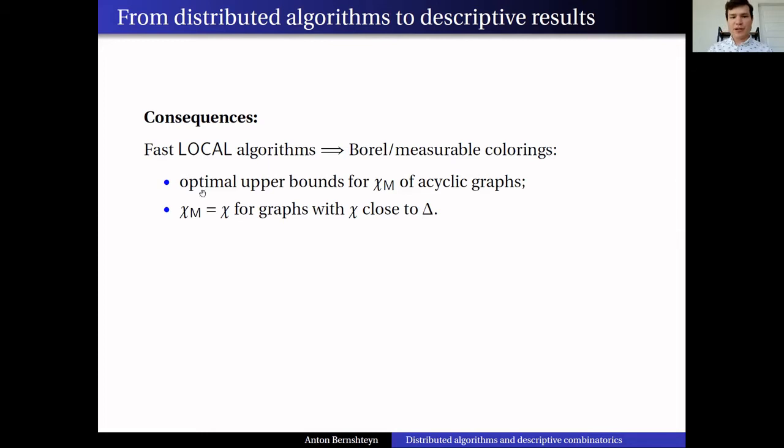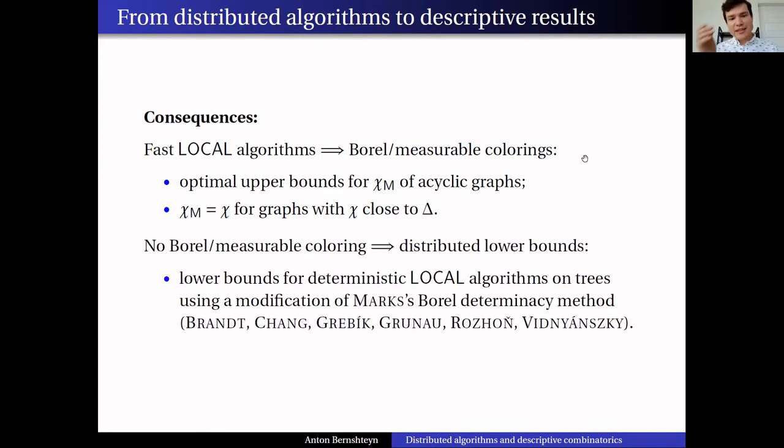And this is very useful because, I guess, thinking about finite graphs is easier than working in this infinite setting. We seem to have just more tools at our disposal in the distributed computing world than in the measurable or Borel setting. But on the other hand, you can also go the other way. You can say, well, if I can prove a lower bound, if I can prove that there isn't a Borel or measurable coloring in some setting, this would imply a lower bound for the distributed algorithm complexity of the same problem.